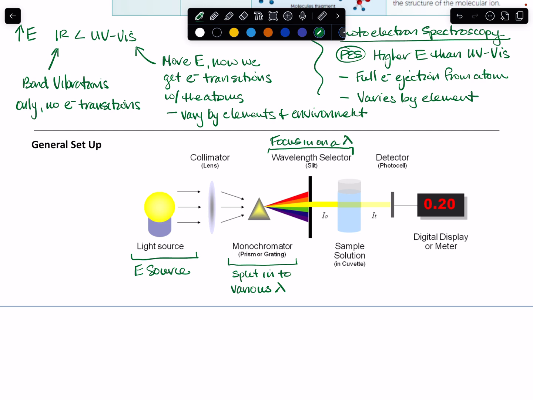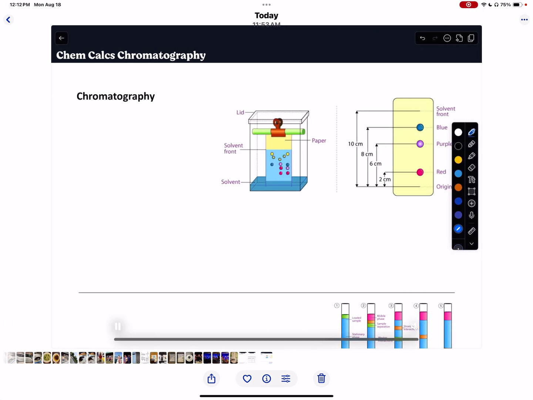Maybe your experiment is set up to choose one wavelength, or maybe it's called a scanning technique where you look at a multitude of wavelengths. Either way, the monochromator allows you to split it into the wavelengths, and then you can choose using a slit whether you want one or a bunch. The key though is that the light then shines through.